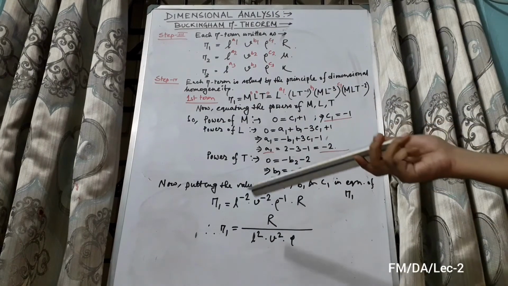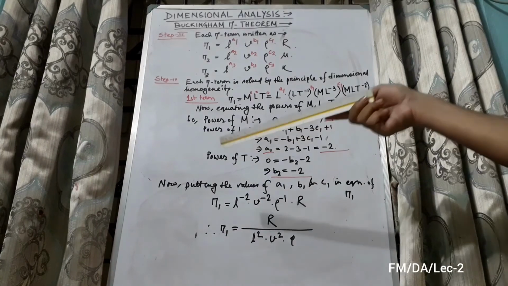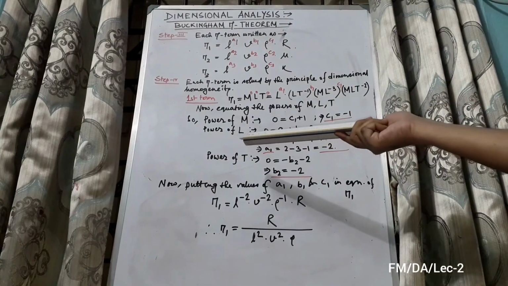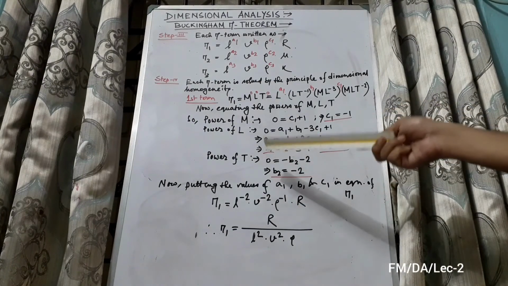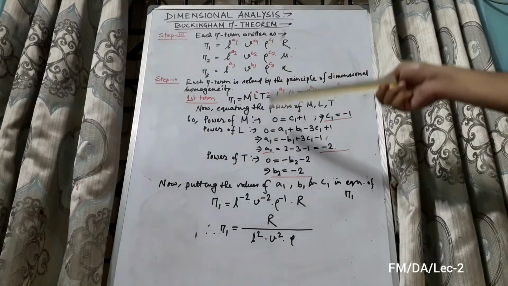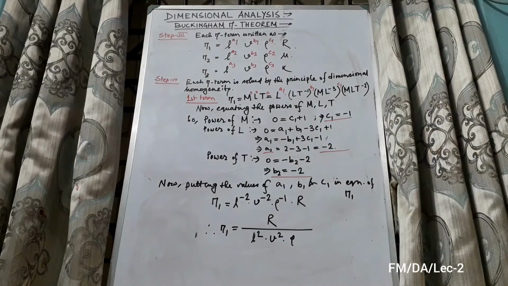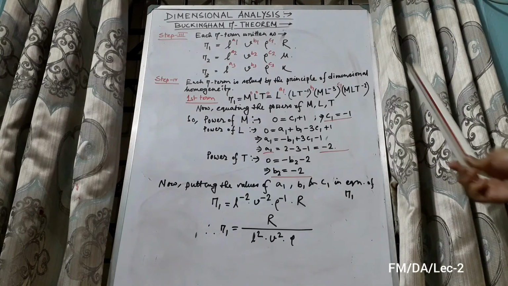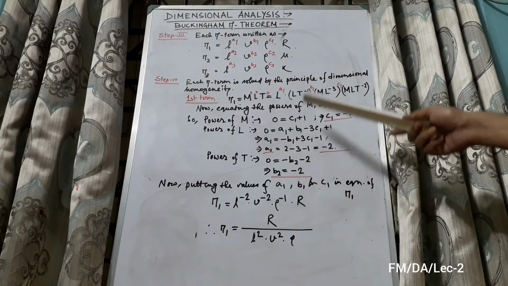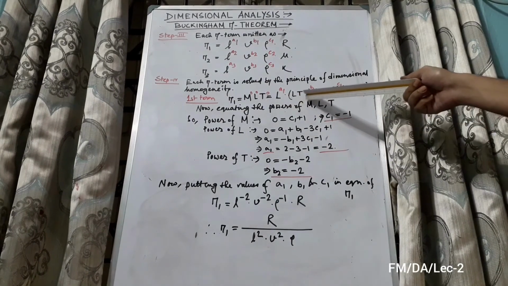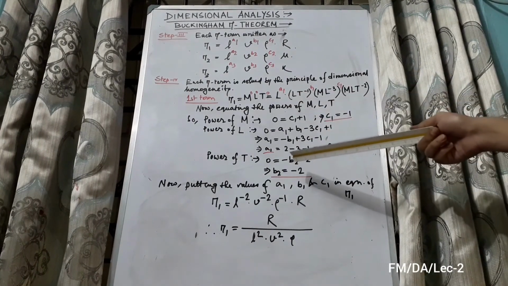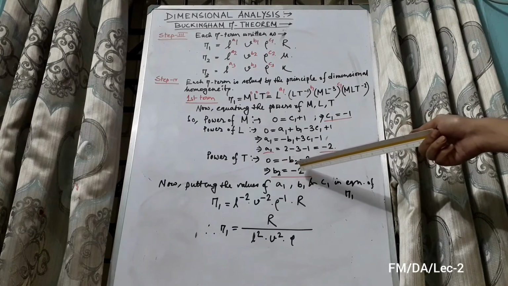After this we find the power of T. On the left hand side the power of T is 0. On the right side the power of T is minus B1, so we write minus B1.